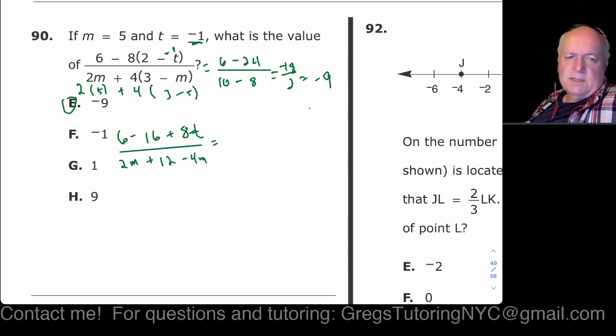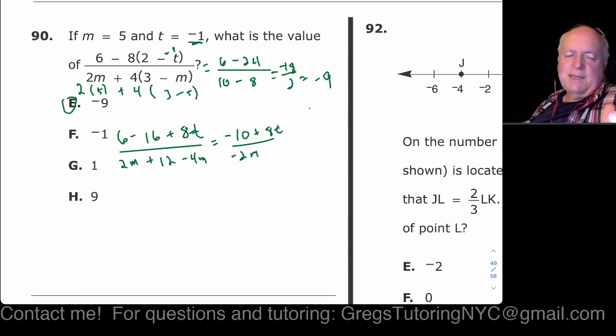For instance, 6 minus 16 is minus 10, and we have plus 8t. So there's nothing else to combine on the numerator. And our denominator is going to be, we have 2m and minus 4m, so we can get minus 2m, and then the 12 is just 12.